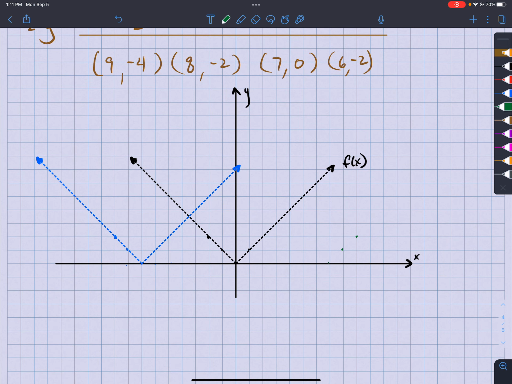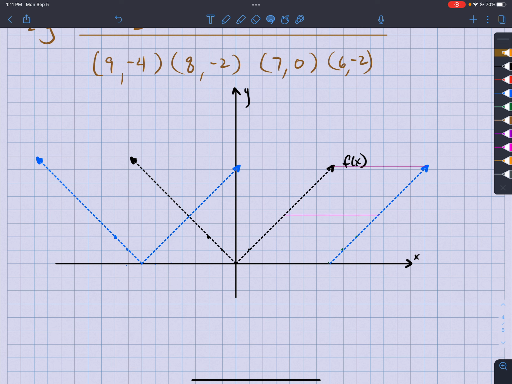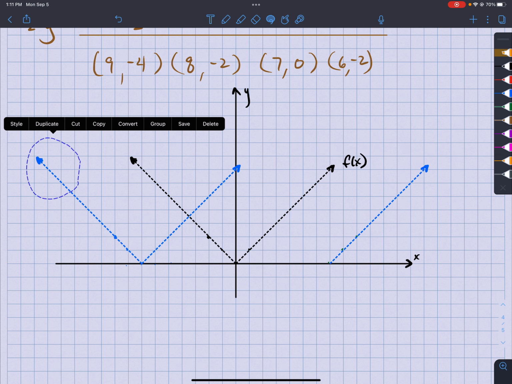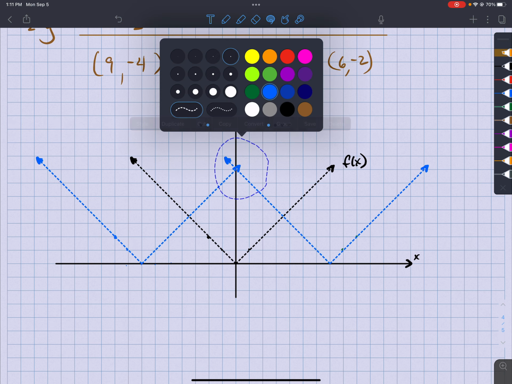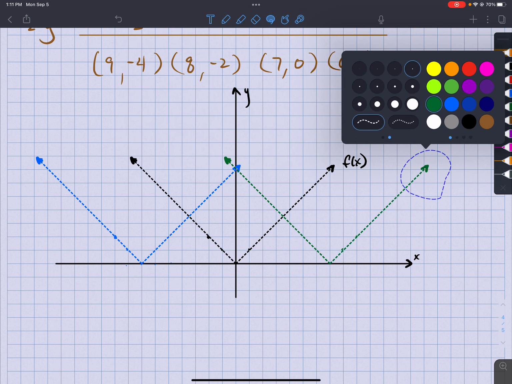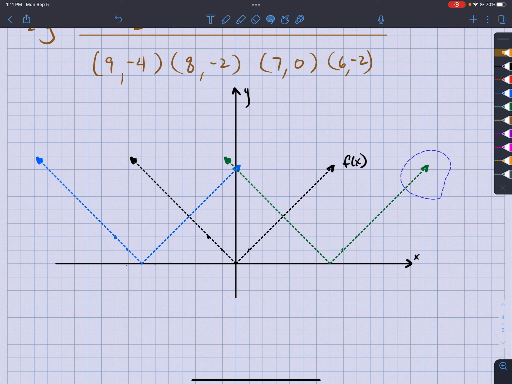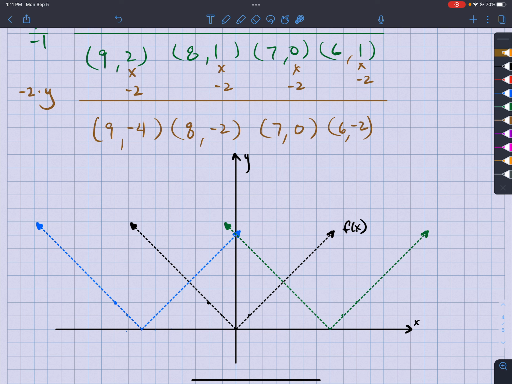So in other words, this right here is over here, this over here is over here, like so. Let's change that to green. So what happened from the blue to the green? The x negated, so anything that was a negative x value became a positive x value. Again, that's still not the answer, just an intermediate answer.